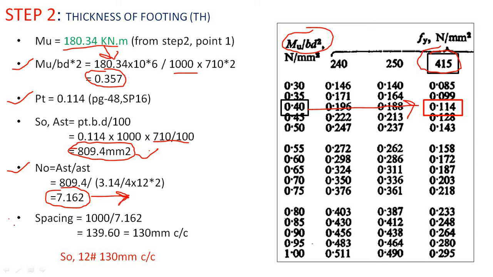So we'll find the spacing. Spacing is equal to 1000 divided by 7.162, so it is 139. I have rounded it off to 130 mm center to center, which is less than 300 mm center to center, which means okay. So I have provided 12 mm bars at 130 mm center to center as the main reinforcement.